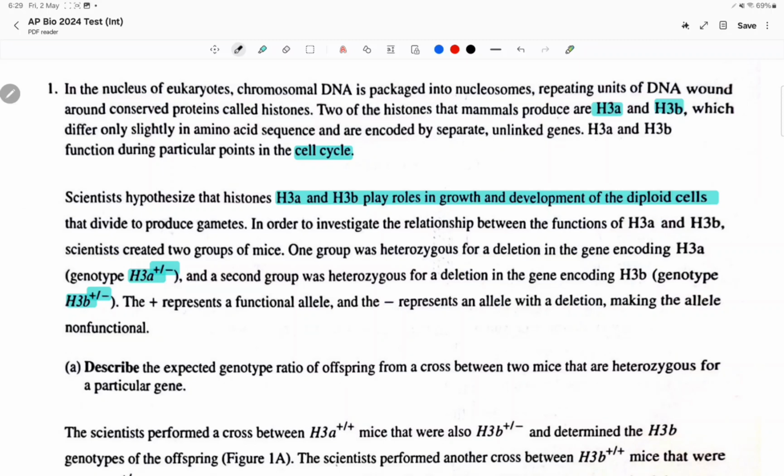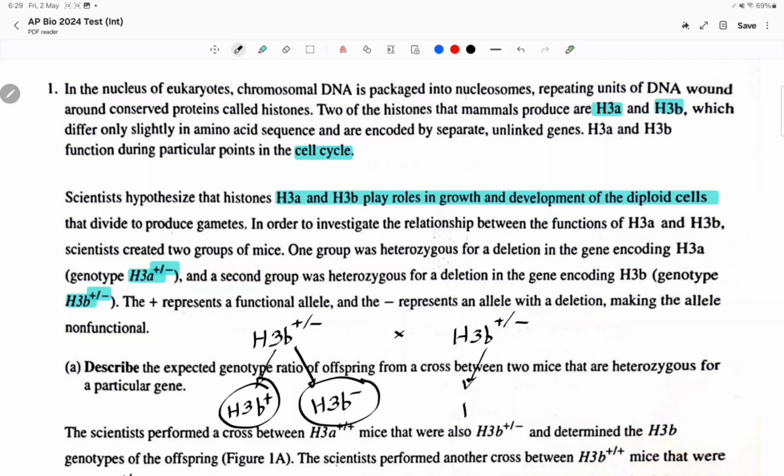So look, right now if I take H3B plus minus with H3B plus minus, let's go ahead and get the gametes. One gamete is going to be H3B plus, one gamete is going to be H3B minus. One gamete, H3B plus, one gamete is going to be H3B minus.